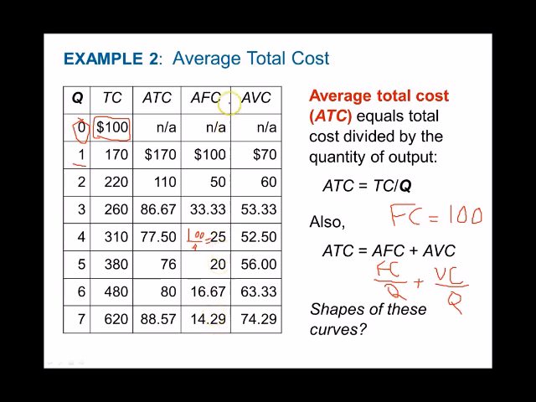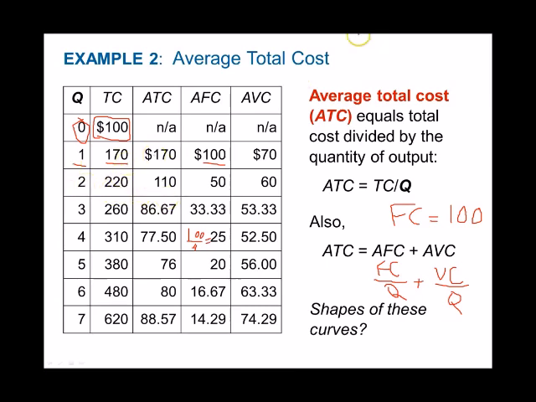Now, what about average variable cost? If my total cost is 170, fixed cost is 100, then my variable cost is 70. So 70 divided by 1 is 70. Now let's look at this one. If my total cost is 220, and my fixed cost is 100, that doesn't change as we produce more.